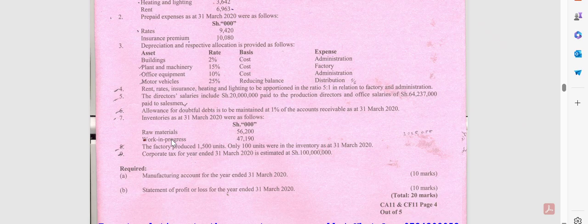Inventories: these are the closing inventories. Remember, I told you that we normally have 3 classes of inventories: raw material, work in progress, and finished goods. Then additional information number 8, we've been told the factory produced 1,500 units. Meaning they were able to convert inputs into 1,500 output.